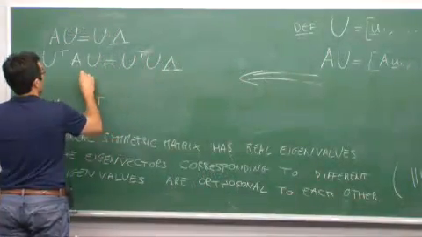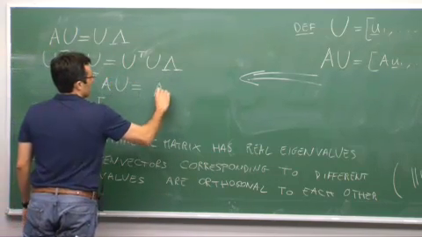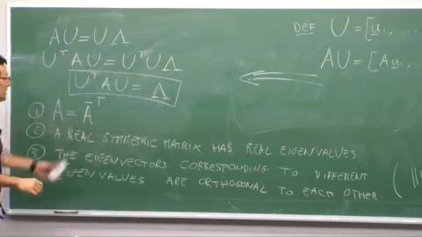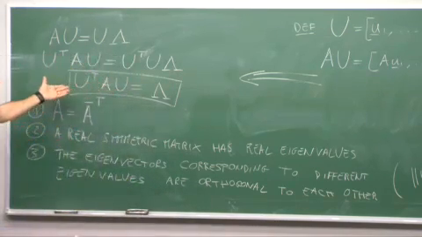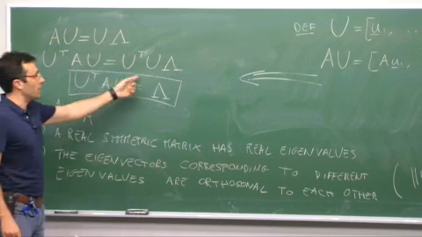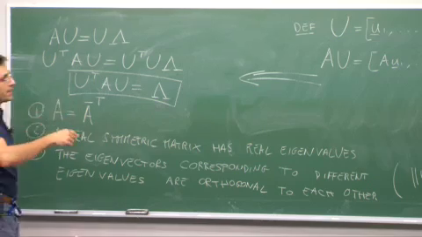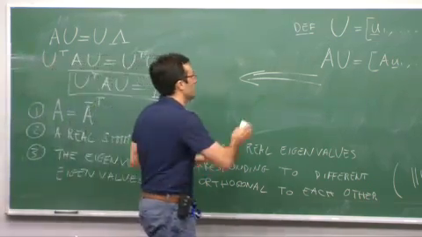And so this is in the end telling me that U transpose A U is equal to lambda. And so that's another way of writing A, the inertia matrix you started with, in a way that diagonalizes the matrix. And so these lambdas that you get are your moments of inertia with respect to the principal basis.